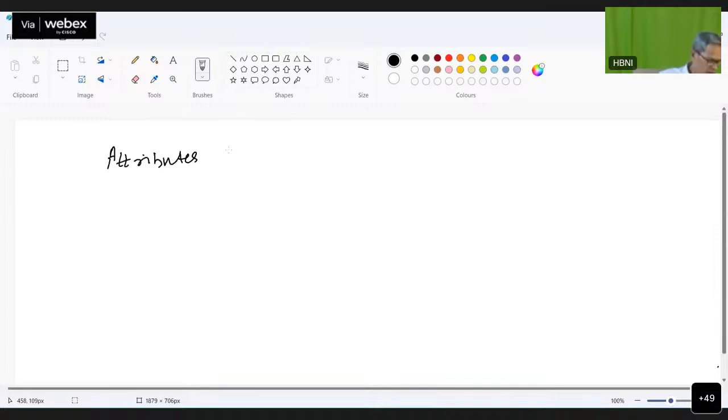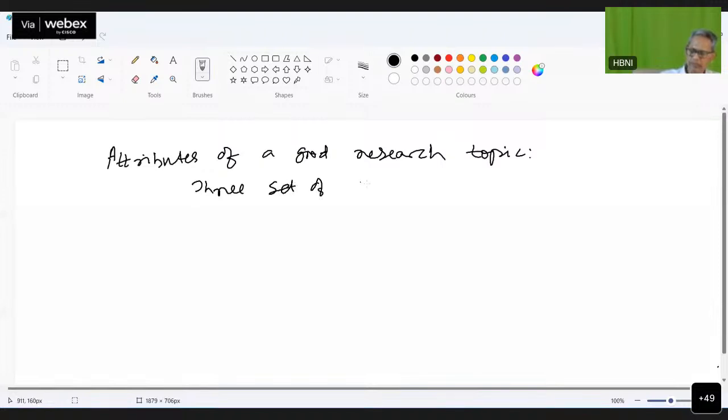There are again three sets of attributes you have to consider. And the first one is capability.